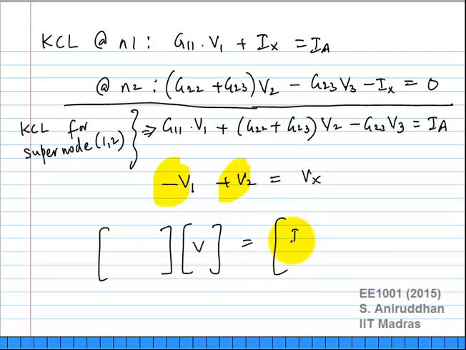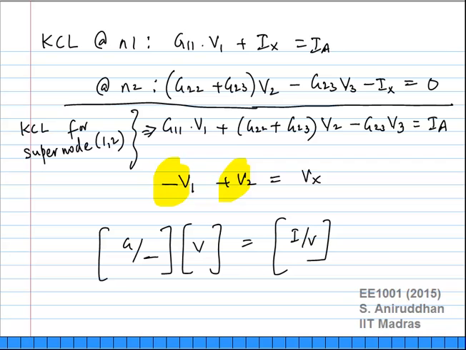I'll just write it like this: G slash something, times the voltage vector, would be equal to a vector consisting of independent current sources and independent voltage sources.